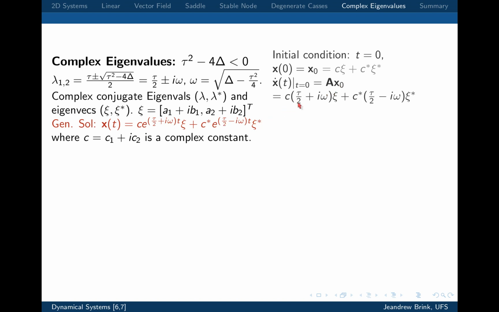So I have c times this exponent times xi plus c star times that thing times xi star.